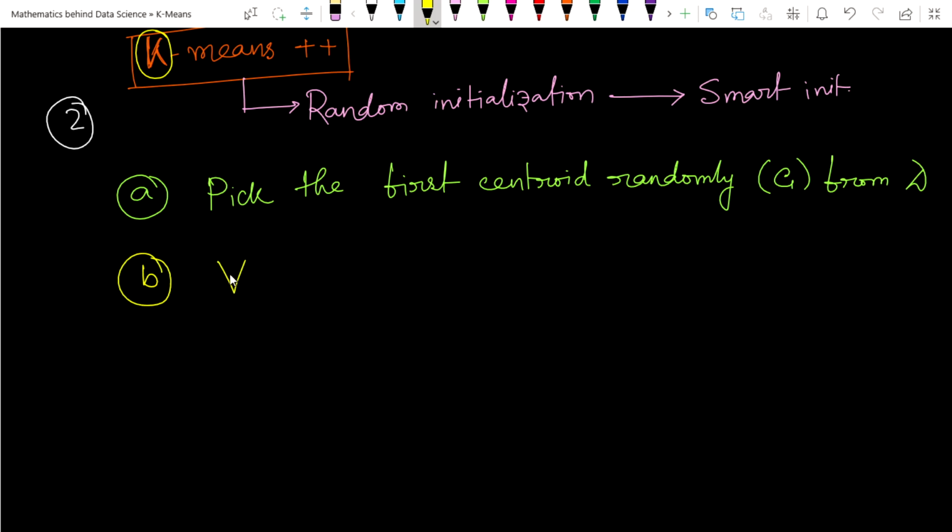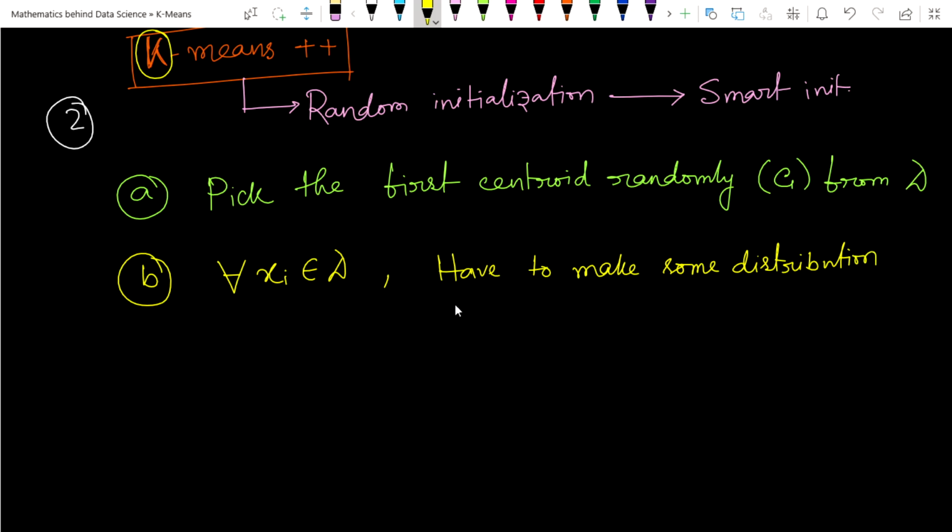For all xi from the data set D, we have to make some distribution for picking the next centroids.